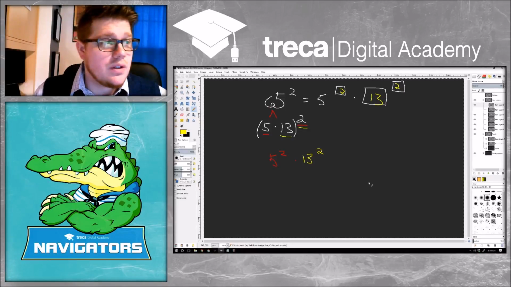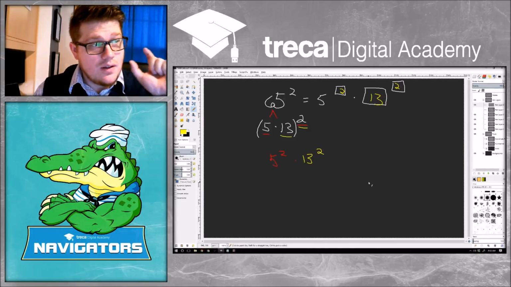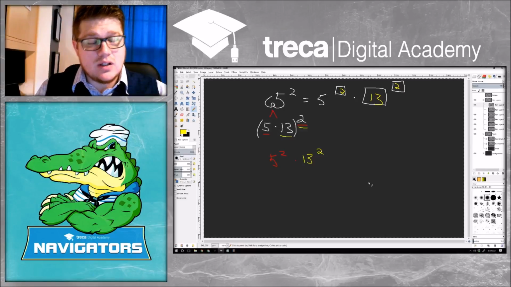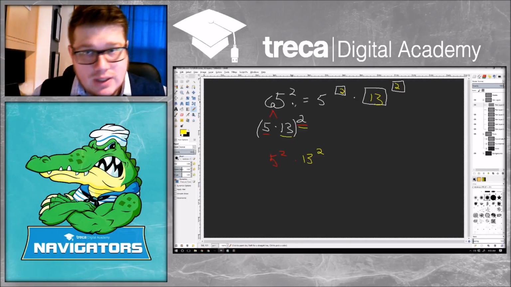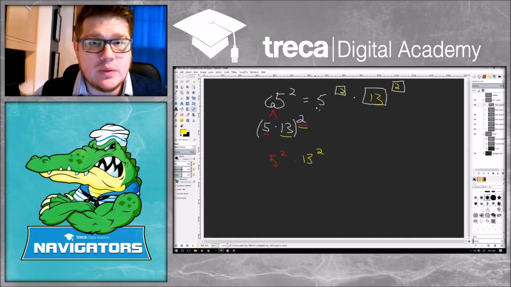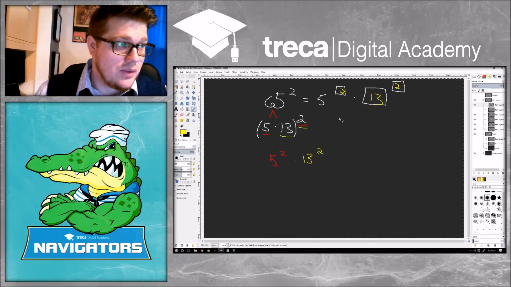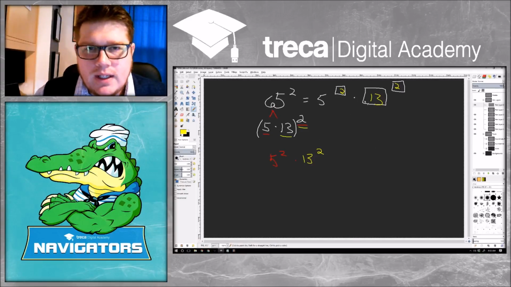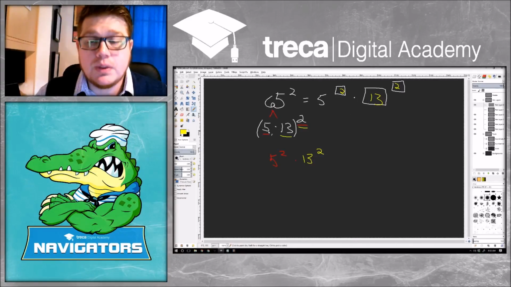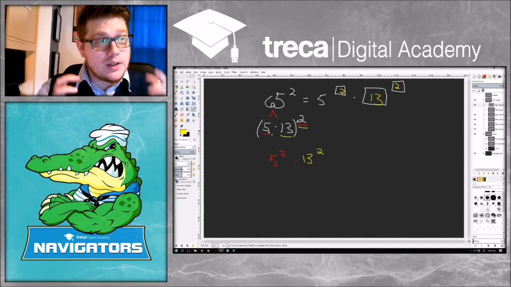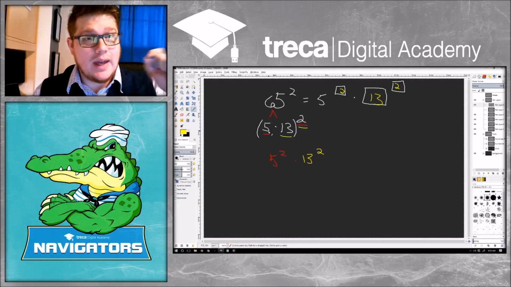And so that's what you're going to do. You're going to take the base, and then you're going to break it into two terms multiplied together, and it'll say, okay, so this is 65 squared equals 5 times something, or it could have said 13 here, and we would have had to bring out the 5. And so we're going to split our base and then raise both parts of the base to the same exponent, okay?